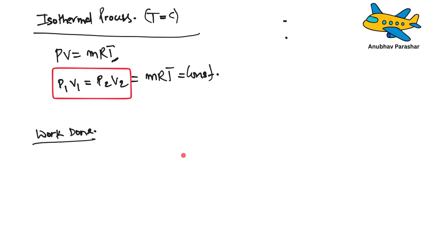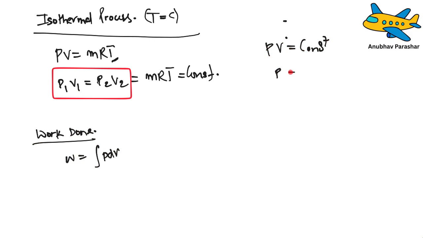Let us try to calculate what is the work done. Now the work done can be written as integration of P dV. Now pressure we can write from this equation. We all know that P into V is equal to constant. So how can I write pressure?